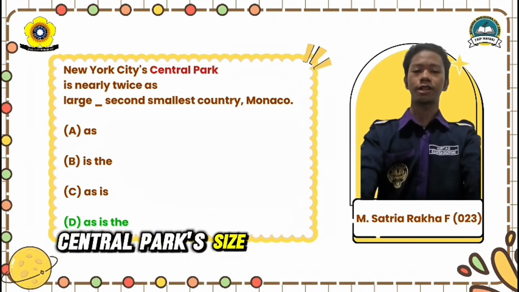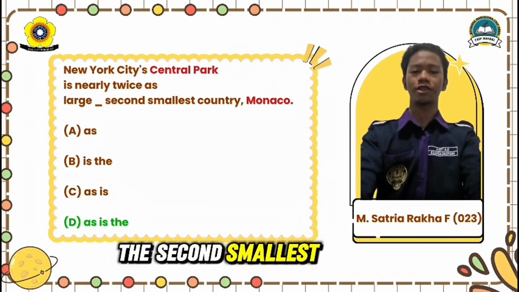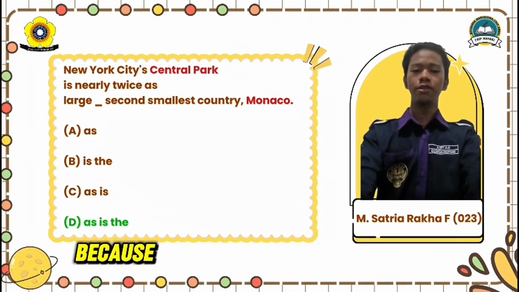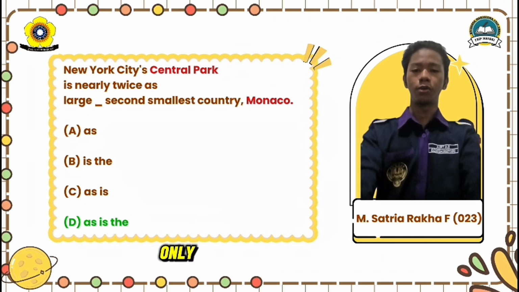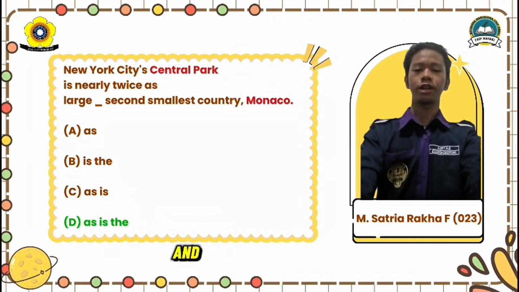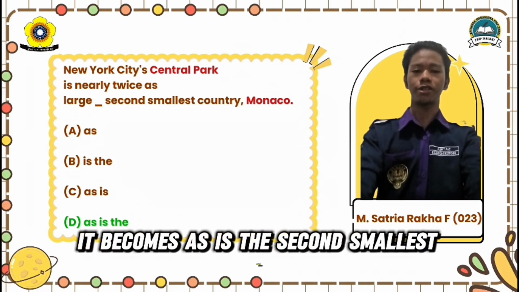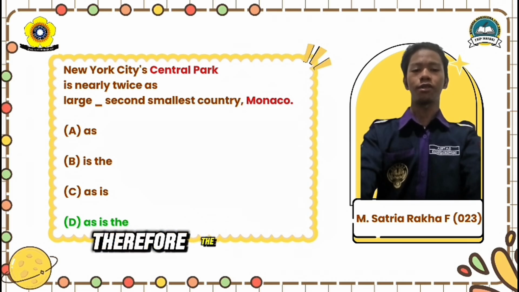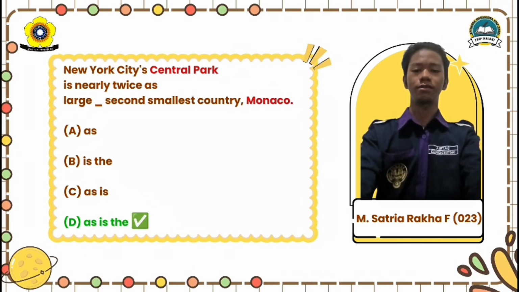Central Park's size is compared with the size of Monaco, the second smallest country. Because the second smallest country is the subject of the comparison, only a verb is needed. The correct verb is "is," and with inversion it becomes "as is the second smallest country." Therefore, the best answer to this question is D.